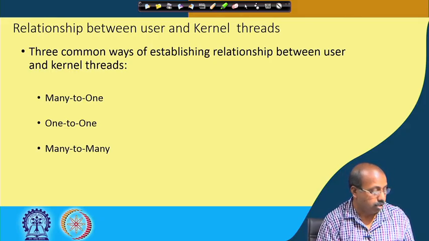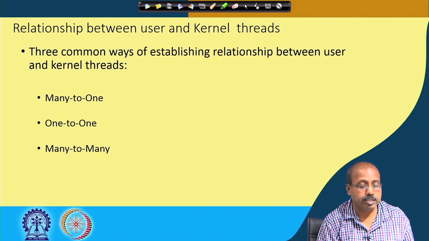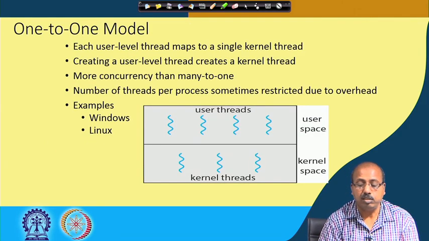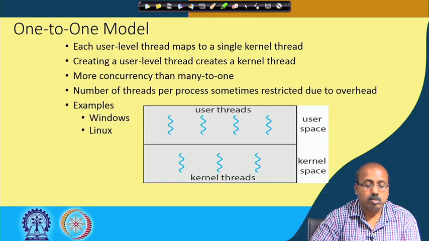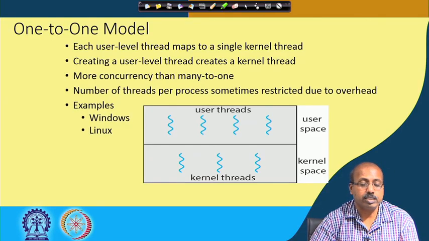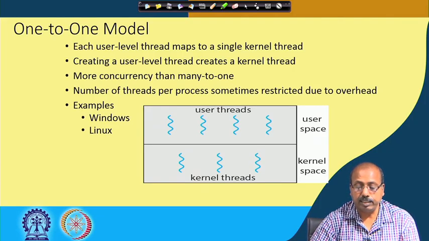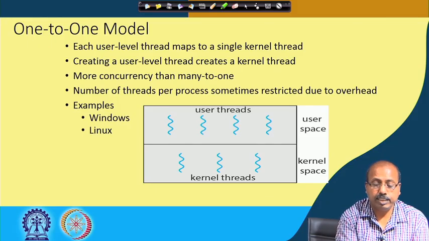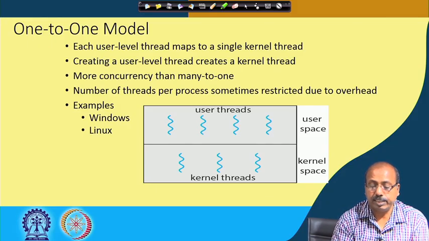That we will see, and the first one, the simplest, is the one to one model. In the one to one model, each user level thread maps to a single kernel thread. Creating a user level thread also creates a kernel thread.